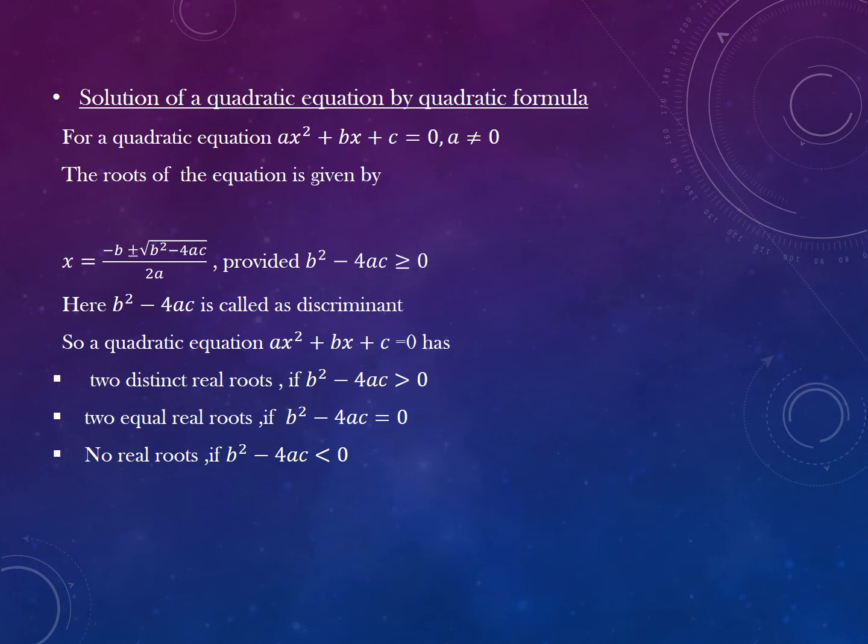This is known as the quadratic formula. Here b² - 4ac is called the discriminant.